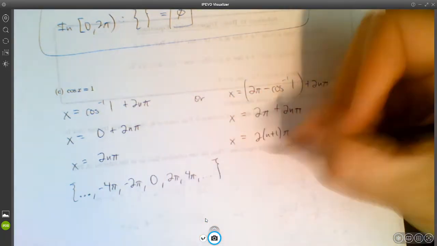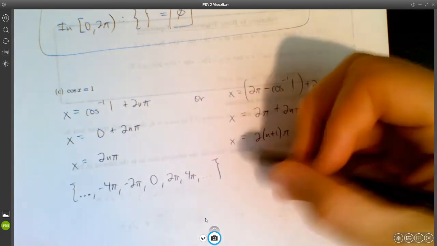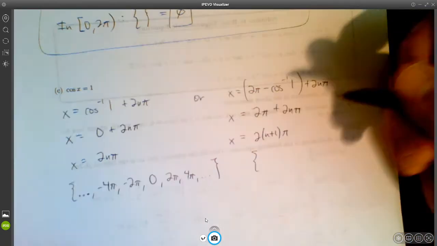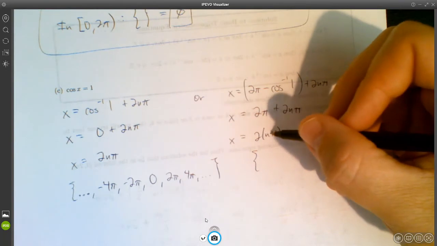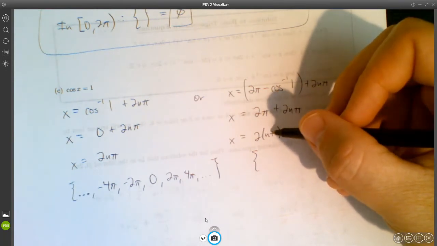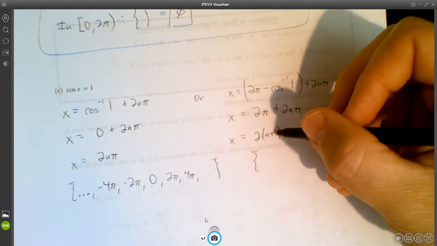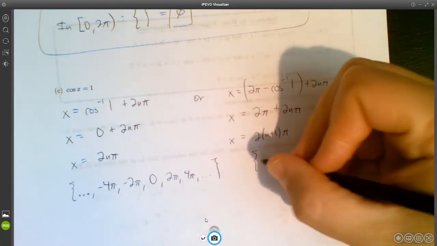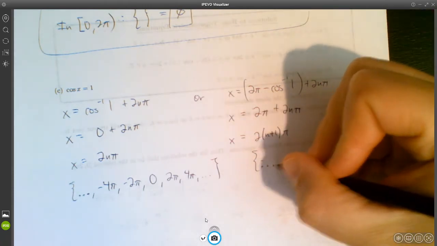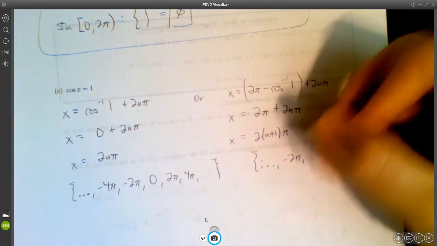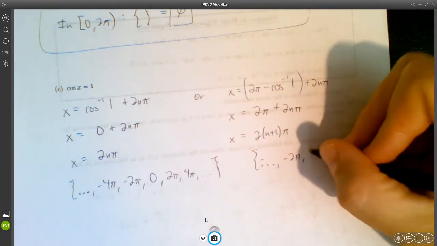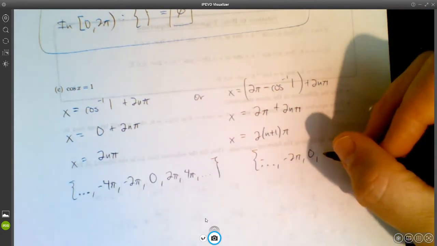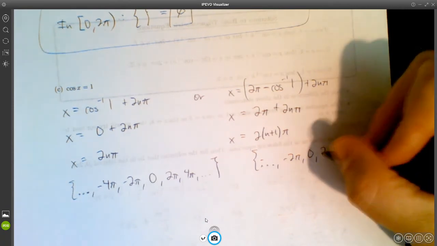If you think about the set that this rule generates, it's going to be the same thing, right? If you plug in negative 2, negative 2 plus 1 is negative 1. Negative 1 times 2 is negative 2. You get negative 2 pi. If you plug in negative 1, you get 0. If you plug in 0, you get 2 pi.